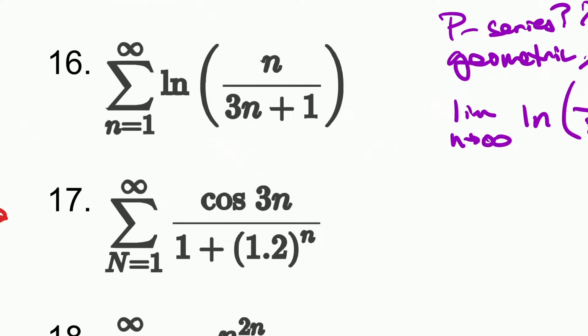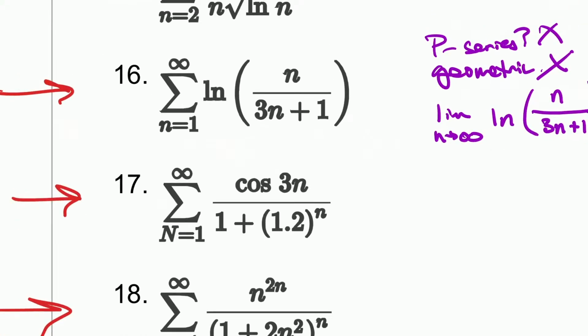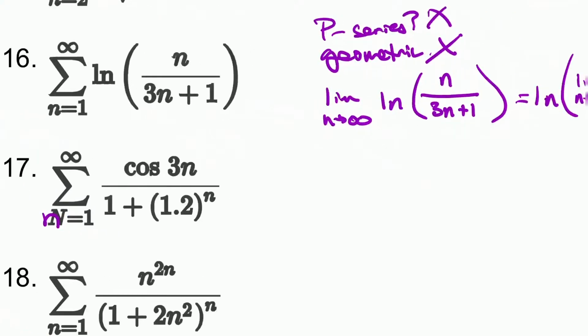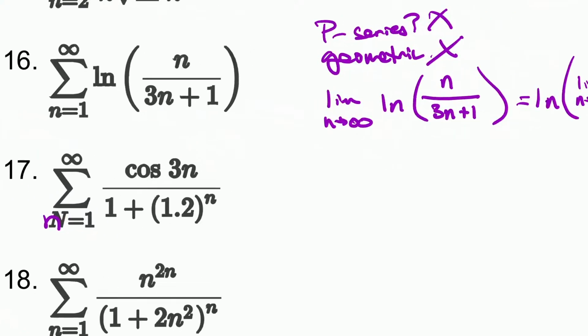Okay, let's take a look at this next one. So we have this thing. What in the world is cosine of 3n? And also this should be a little n, not a big N. But cosine of 3n, well, let's explore this just for a minute. When n equals 1, this is going to be the cosine of 3, wow, over 1 plus 1.2 to the n.